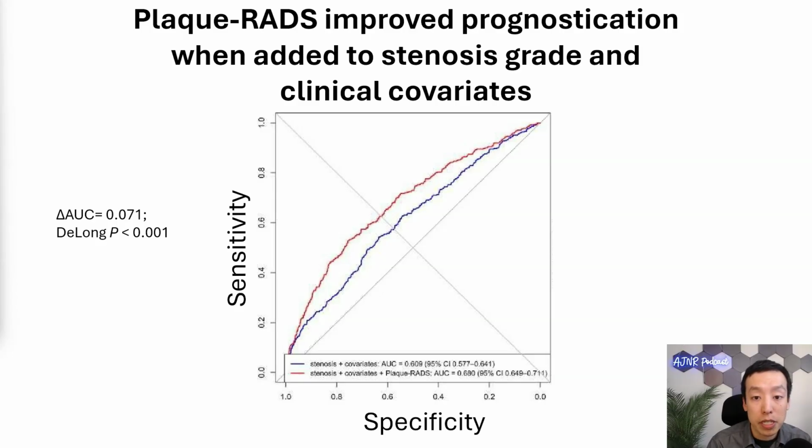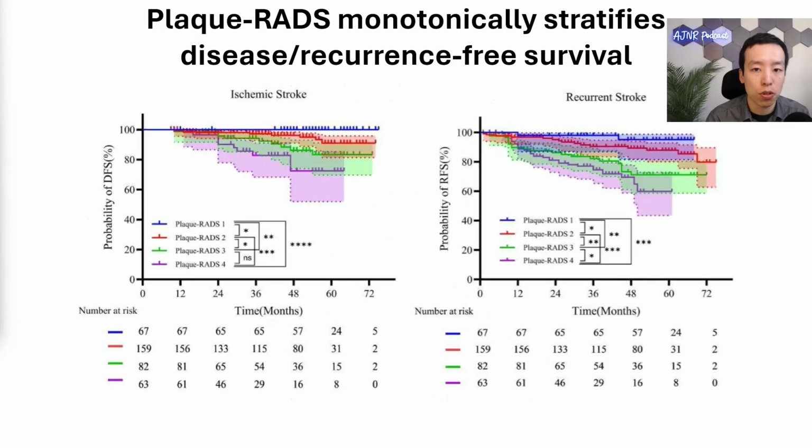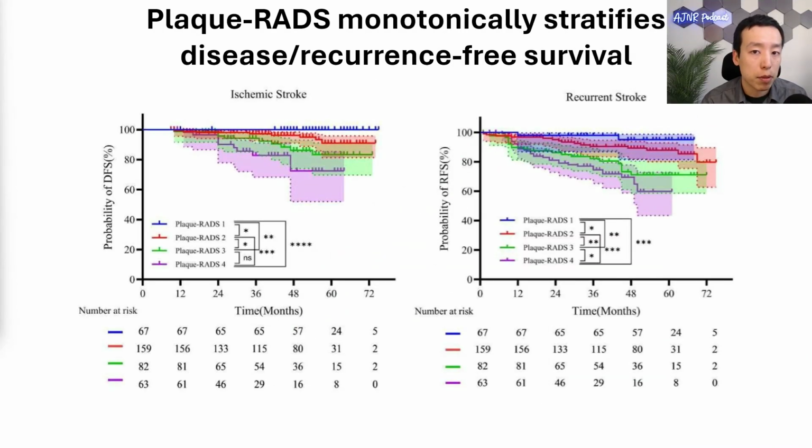I would put the clinical meaning this way: Plaque-RADS is not replacing stenosis and clinical risk factors, but it is adding independent incremental information that helps discriminate who is more likely to have a future stroke. These Kaplan-Meier curves are the core of this second paper on prognostication.